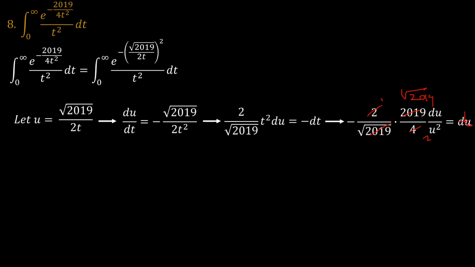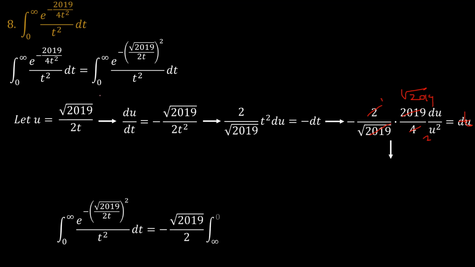Sorry. And so substituting this in, when t tends to 0, u tends to infinity. When t tends to infinity, u tends to 0. And then we put in du, and in place of t, we substitute in u.